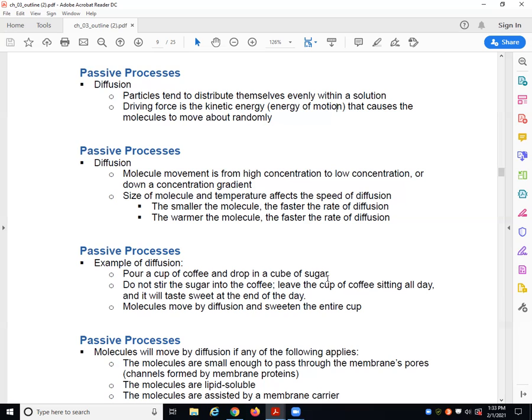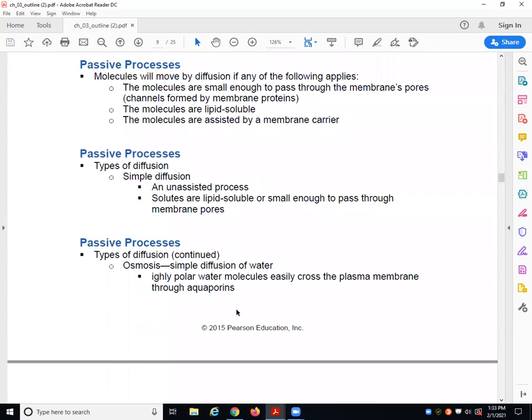Molecules are going to move through diffusion if certain conditions are in place. If the molecules are small enough to go through the pores in the membrane, you'll get diffusion.